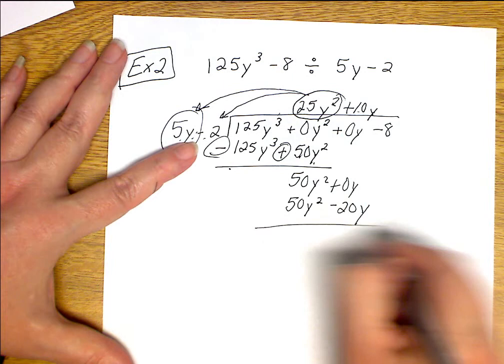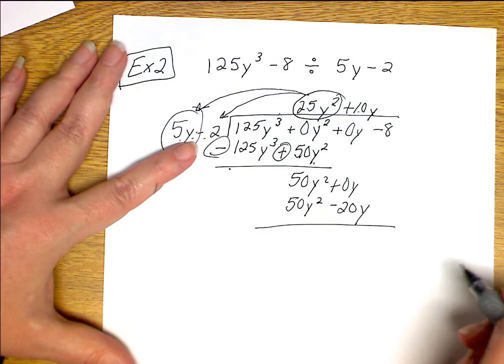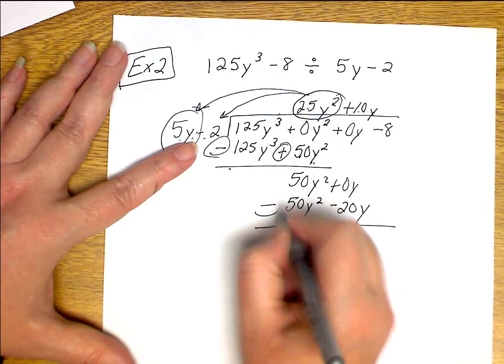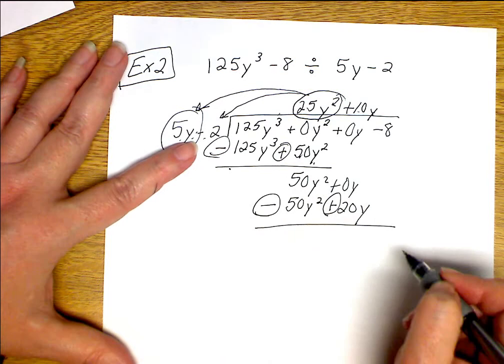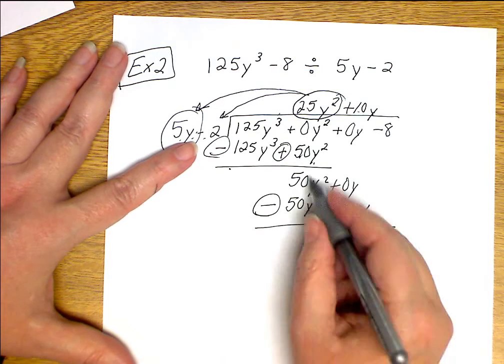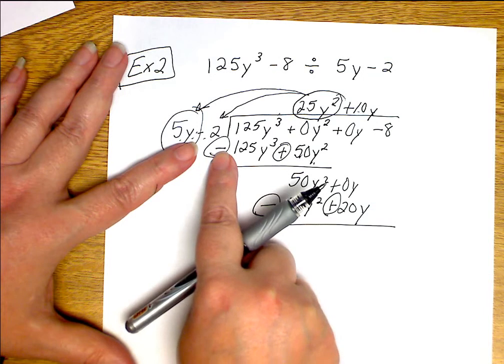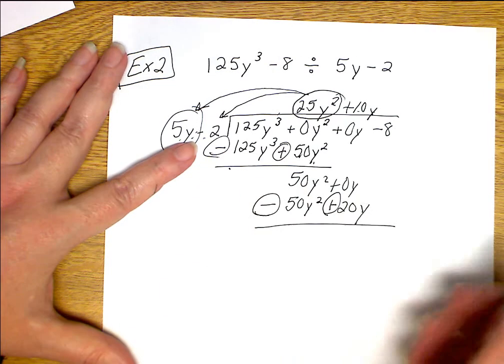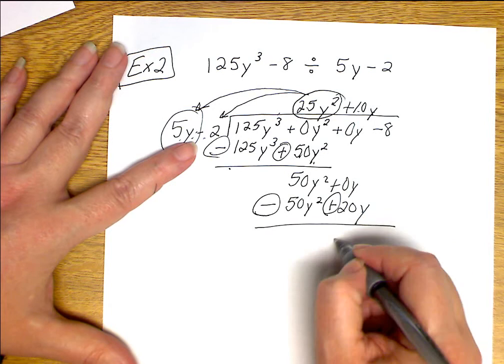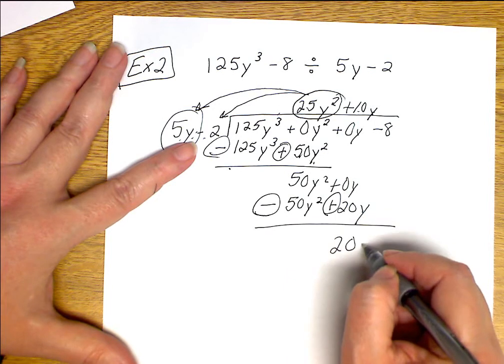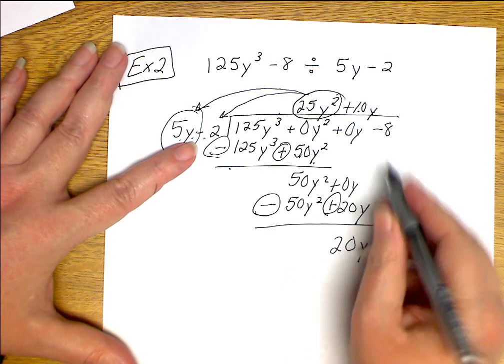We have to change signs. Make sure you remember to change those signs. I did. This was a positive, it was a negative, and there was a negative, and now it's a positive. Yep. So 20y, bringing down the 8, almost done.